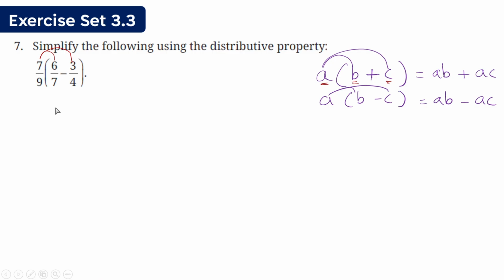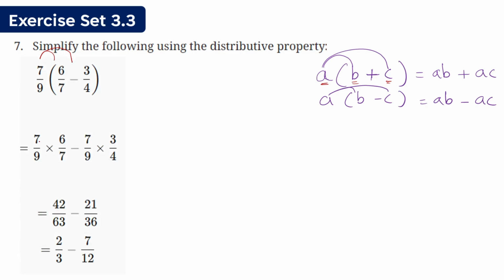So let's do that. 7 ninths multiplied to 6 sevenths, bring down the subtraction operator, and 7 ninths is multiplied by 3 fourths. So as you know, we multiply the numerators and the denominators together. 7 times 6 is 42, 9 times 7, 63, 7 times 3, 21, 9 times 4, 36.